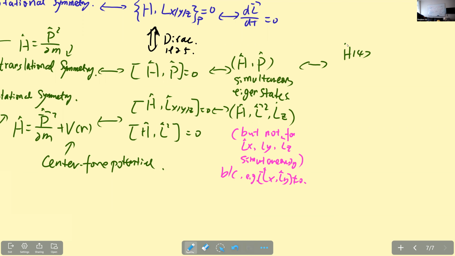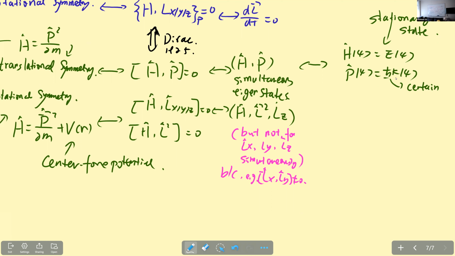And now we can have H psi equals E psi, and p psi equals h bar k psi. So this means this is a stationary state with a certain momentum.